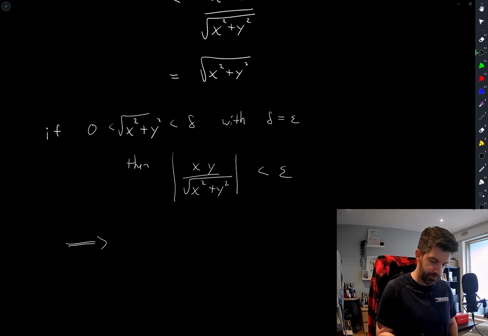So this implies that the limit as x and y go to 0 of this quantity, xy divided by root x squared plus y squared, is equal to 0.